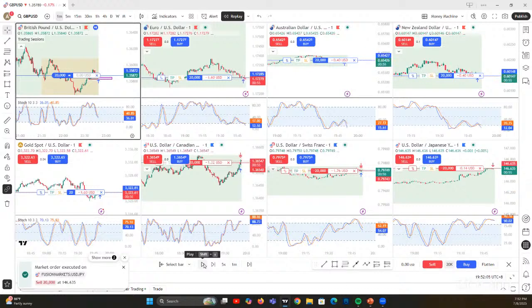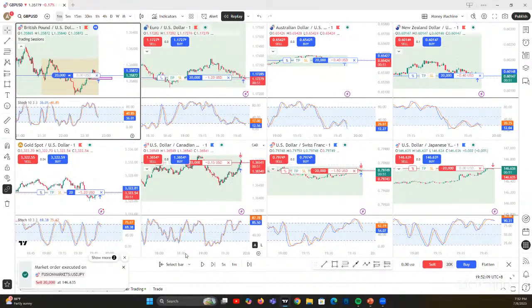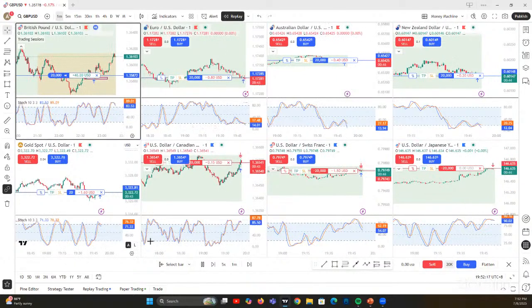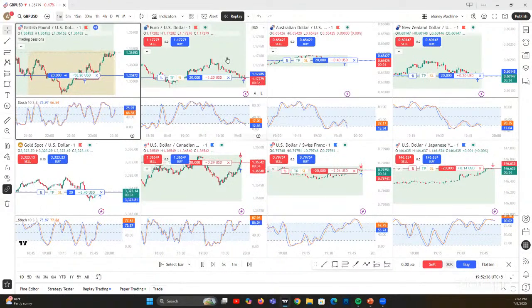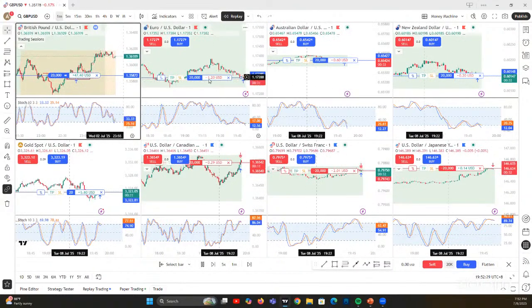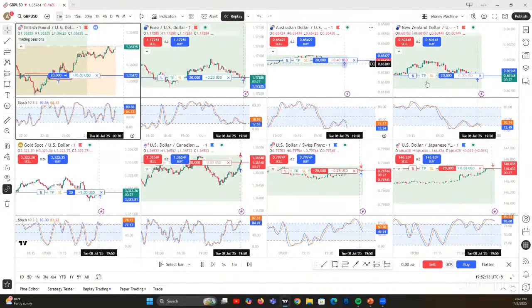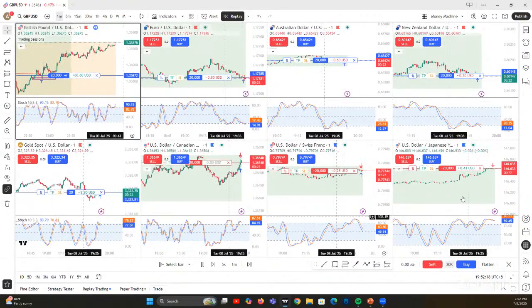Let's see what will happen. On the 1 minute, you entered there. Now everything should follow suit. Playing now. Yes. You can see the profit here. You see USD JPY, there's also profit there.